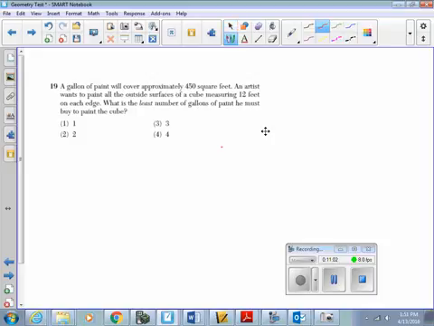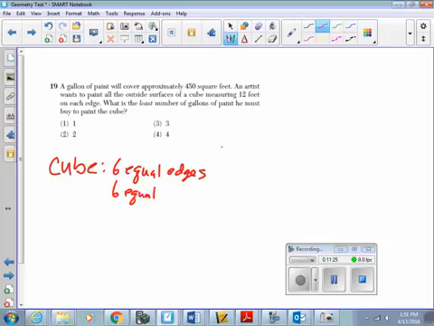So let's talk about what is a cube. It has twelve equal edges and 6 equal faces. You guys know what a cube is. We've talked about that.